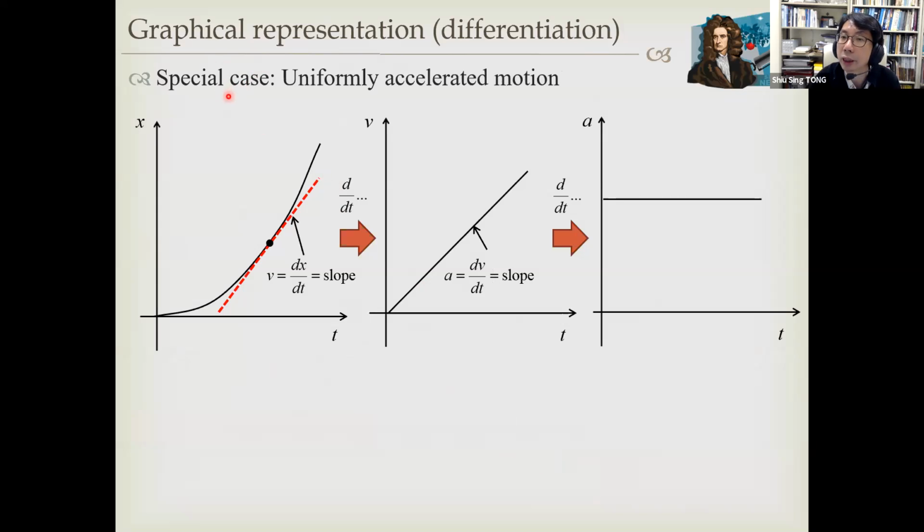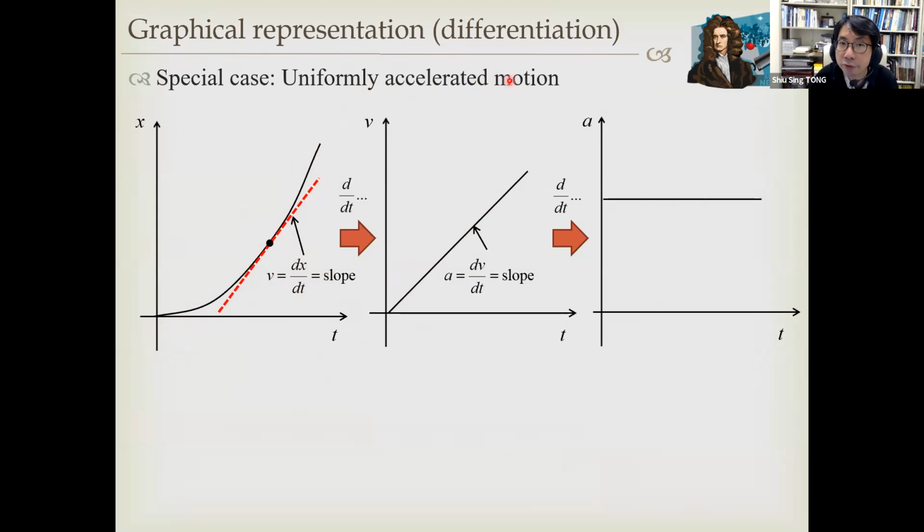Now we have only studied a special case, that is, uniform accelerated motion. When we start with the displacement x as a function of t, in our first discussion, we said that if we find the derivative of x, we are finding the slope of the curve, and that is the velocity. So by doing a differentiation, we go from the displacement to the velocity.